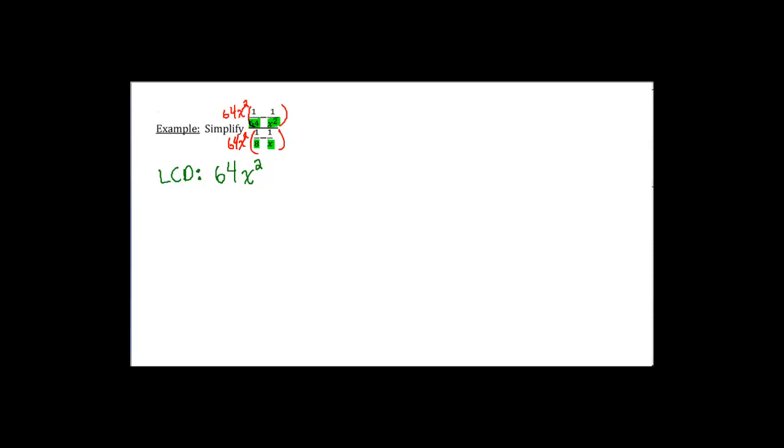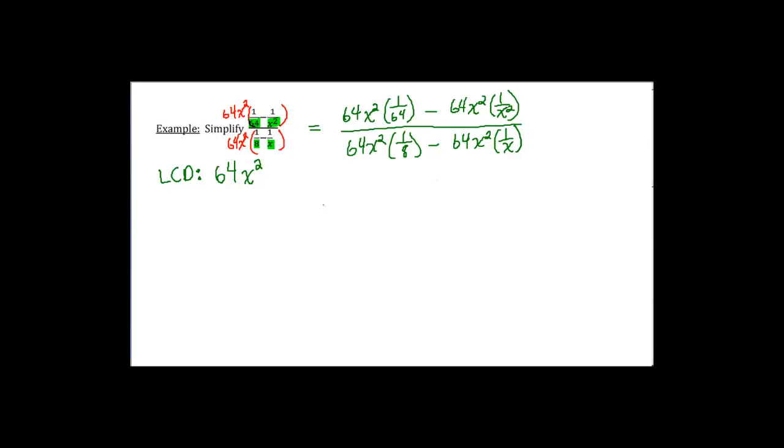And so when we use our distributive property, we're going to have a 64x squared times 1 over 64 minus 64x squared times 1 over x squared, all over a 64x squared times 1 over 8 minus 64x squared times 1 over x. Again, if you want to put your 64x squareds over 1, that'll be fine. If not, you can go ahead and start canceling. The 64s cancel here, and the x squareds cancel there.